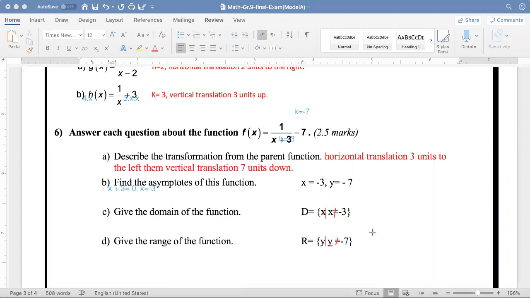This is how I write the domain and the range. The domain is for the x values and the range is for the y values.